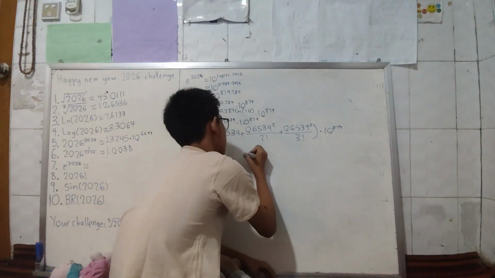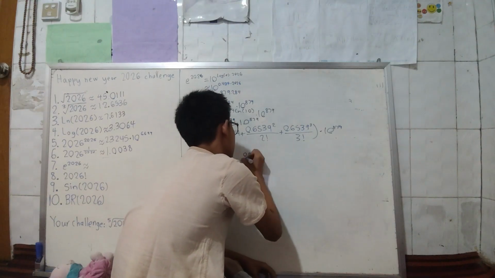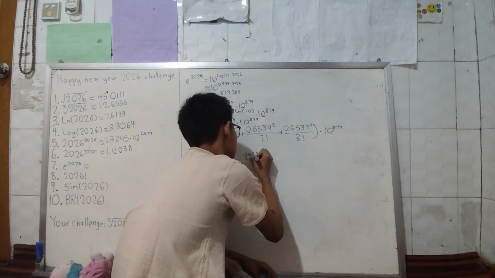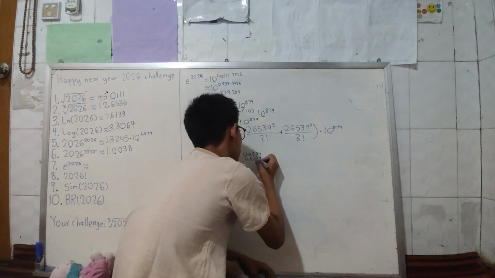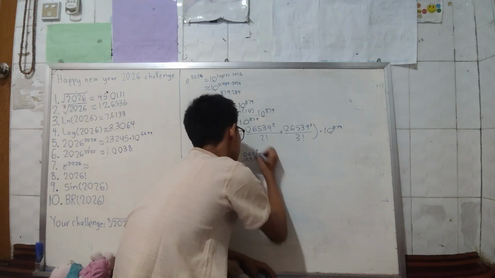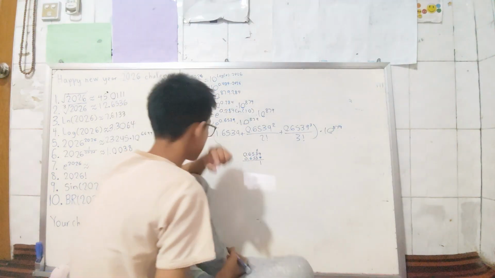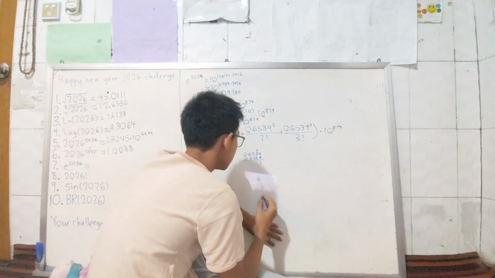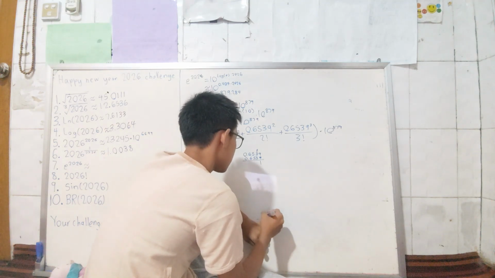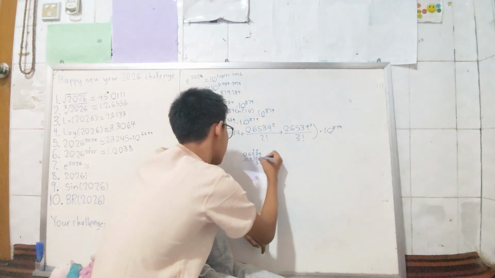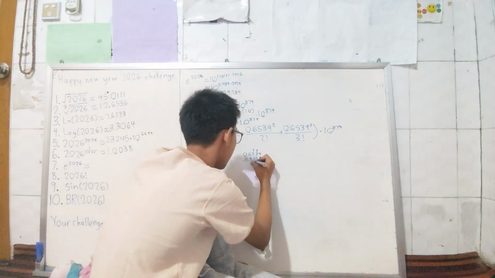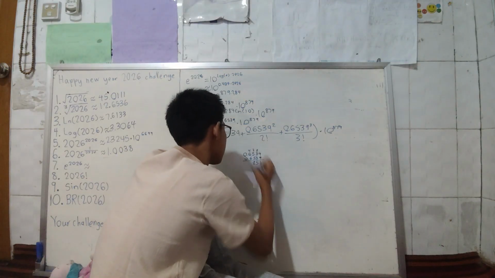So that's going to be 0.6539 squared. 9 times 9 is 81. 3 times 9 is 27. 27 plus 8, that's going to be 35. 5 times 9 is 45. 48.